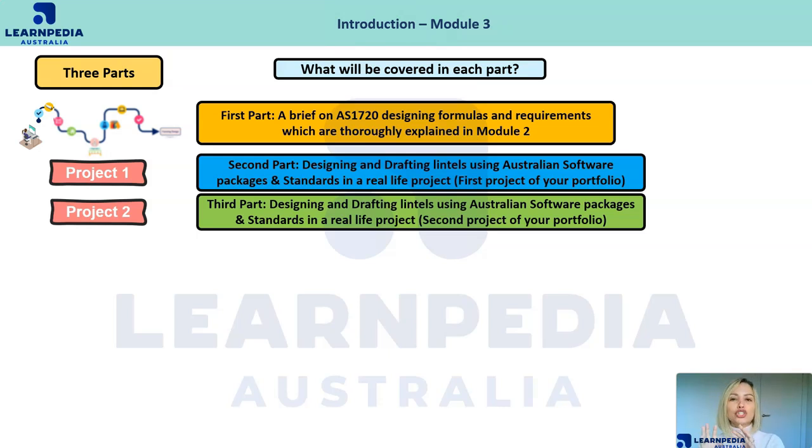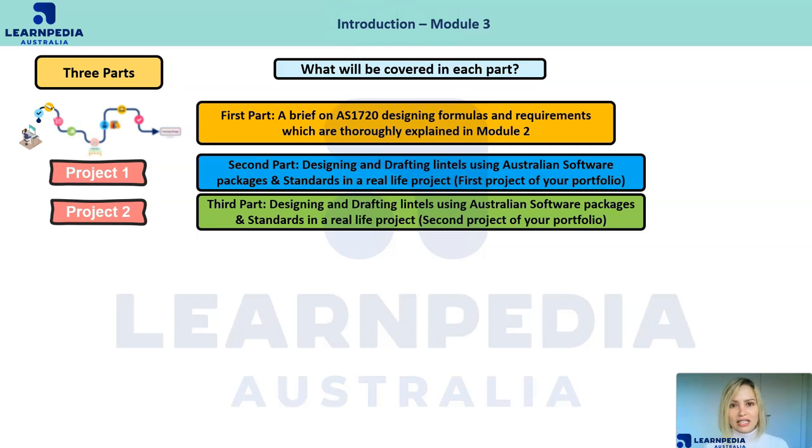If you're not sure about that, I strongly recommend you passing module 2 and 3 together. That's if you're planning to purchase separate modules. But if you're purchasing the whole course, then you don't need to worry about it, because obviously you've got access to all the modules. So that's the first round.